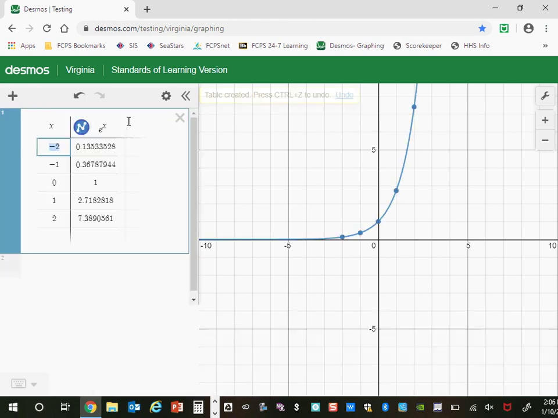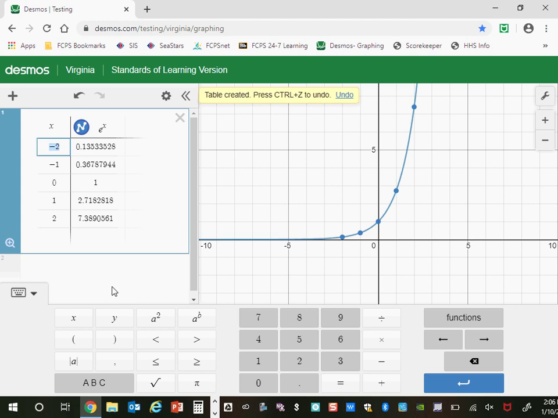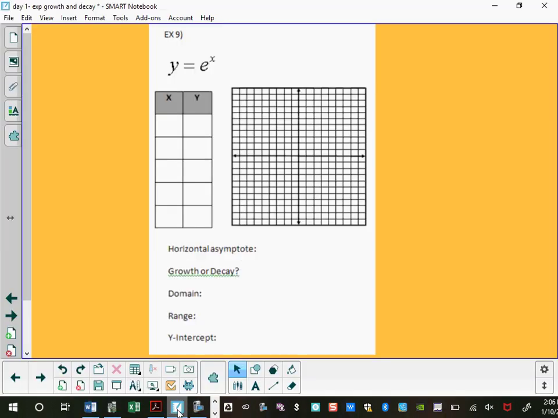And there we go. My numbers that I used were -1, 0, 1, and 2. That's just what I chose. You can do whatever you want. You can always avoid decimals, especially when we have our e.